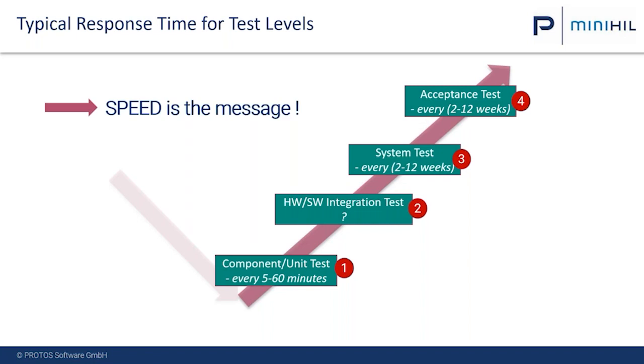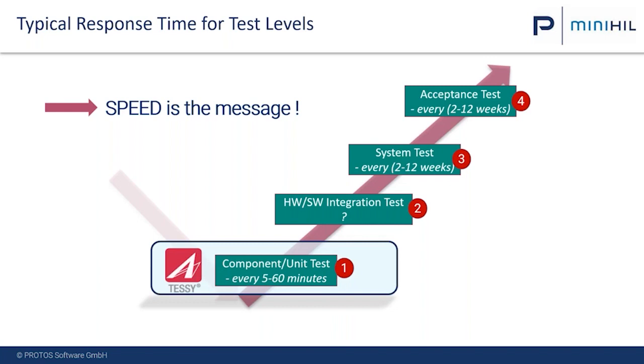So speed is the message, because we need a fast response if you want to fix the bug early in the process. If you do not want to have effects down the process, if you detect a problem in the system test, let's say a small software problem, that's really expensive. Yeah? We have to rerun the system test. So with a unit test tool, for example, TESSY, you can get a response within minutes.